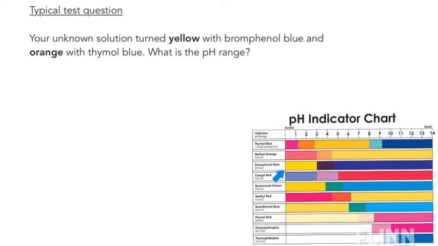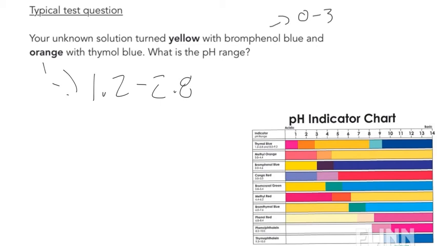So we know that it's yellow between 0 and 3. And now we're looking at thymol blue. Now thymol blue is orange between 1.2 and around 2.8.